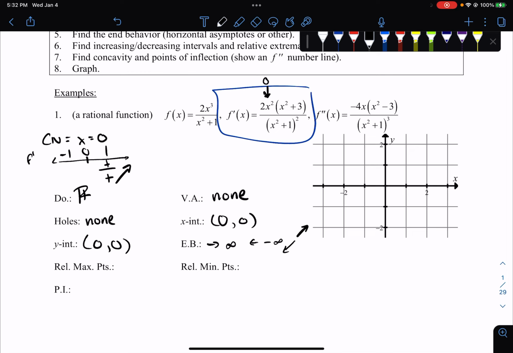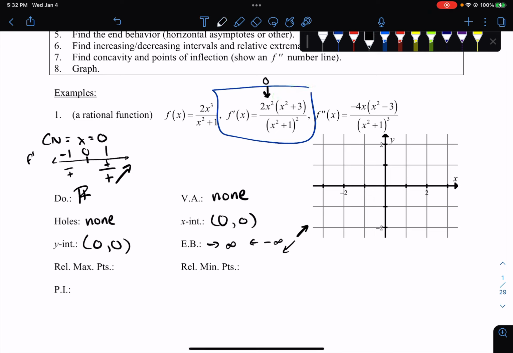Now, if I look at the left of 0, if I look at -1, when I plug in a -1, it gets squared on the bottom and becomes a +1. So my bottom is positive. And if I plug in a -1 on the top, it gets squared, becomes positive.